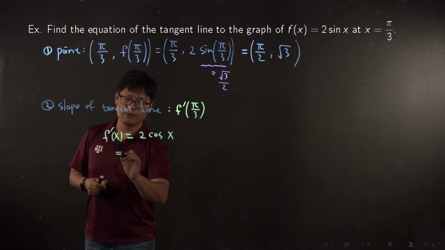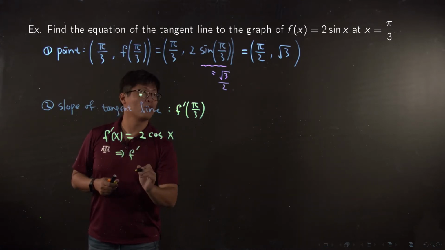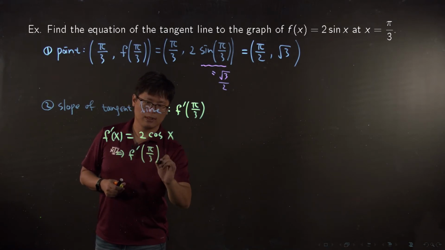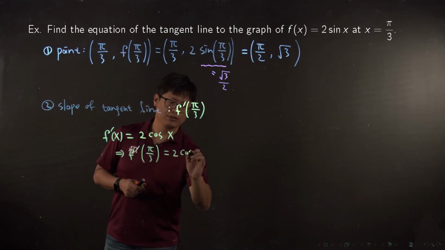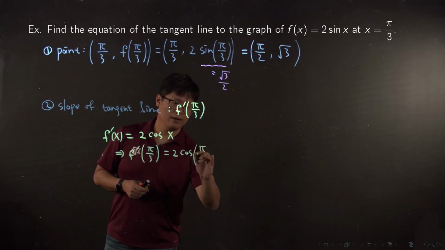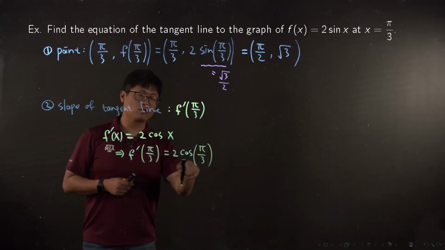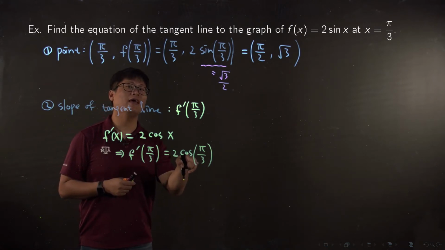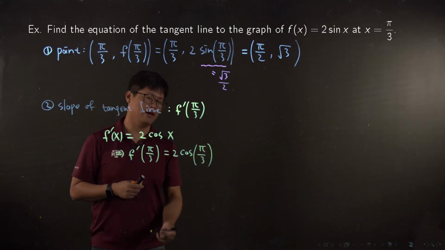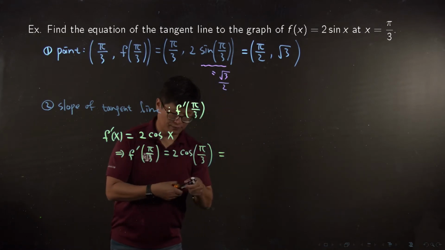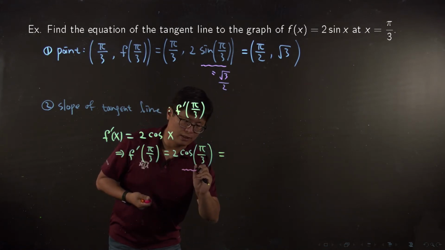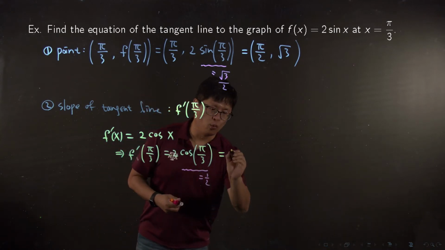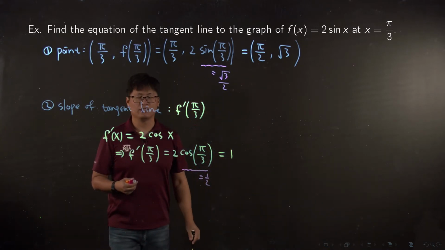Just simply plug in pi over 3, which is 2 cosine pi over 3. What is cosine pi over 3? Again, you have to memorize this. Cosine pi over 3 is 1/2. So 2 times 1/2 is 1. That is the slope of the tangent line.